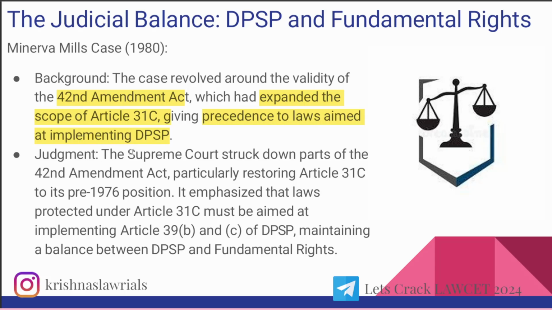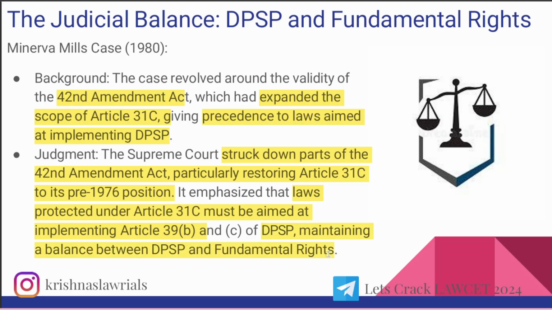So the judgment given by the Supreme Court was to strike down part of the 42nd Amendment, particularly restoring Article 31C to its pre-1976 position. It emphasizes that laws protected under Article 31C must be aimed at implementing Article 39B and C of the DPSP, maintaining a balance between DPSP and fundamental rights.